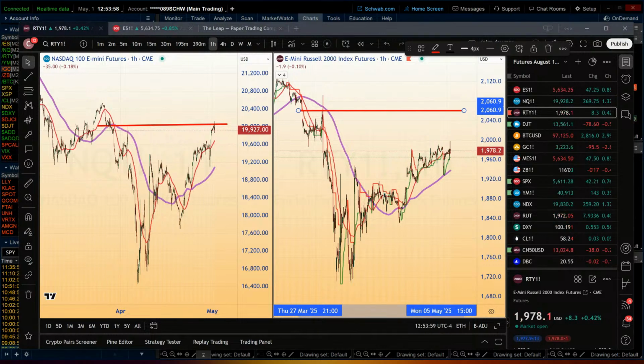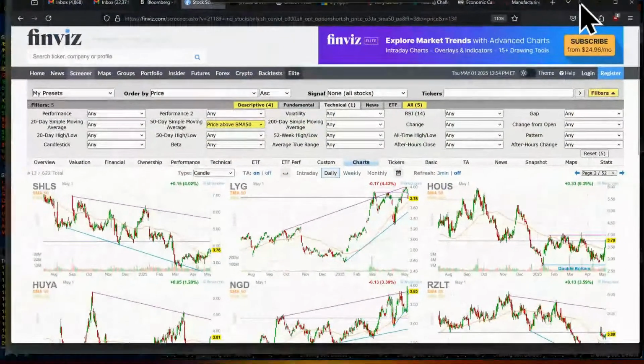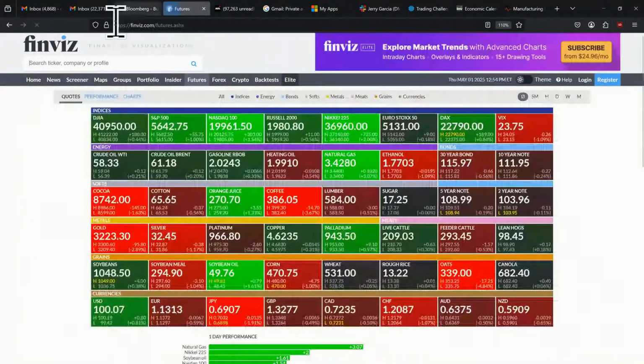So the first one I see, and I'll go to FinViz and show you, is if you go to commodities, watch what they've done in the last week. To me, it's pretty dramatic. Go and put in futures. FinViz is free. I haven't even logged in.